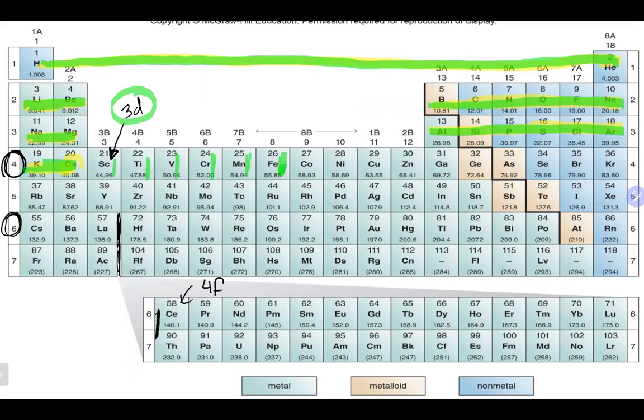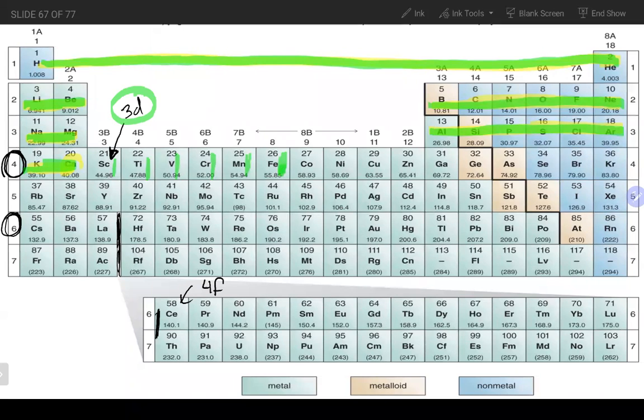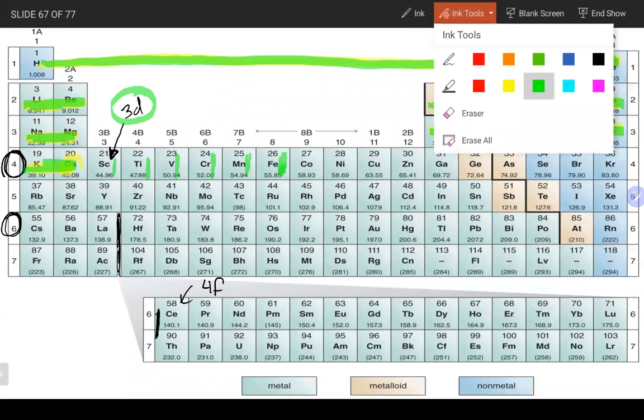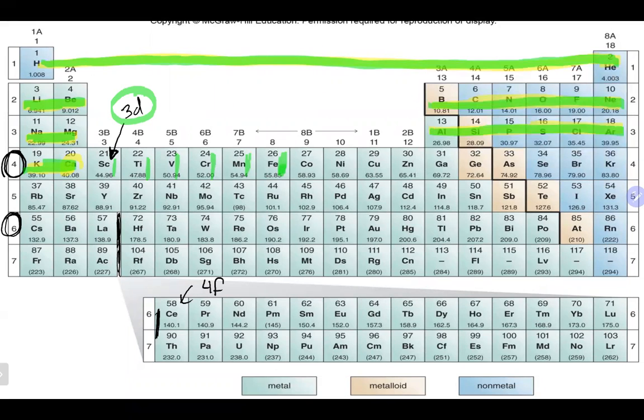You could count it right off to the exact spot. Again, if you know what you're doing, you could do that. Any questions on using the periodic table to write electron configuration? Again, at your level, I would recommend using the zigzag thing. You'll be in good shape when you do it.